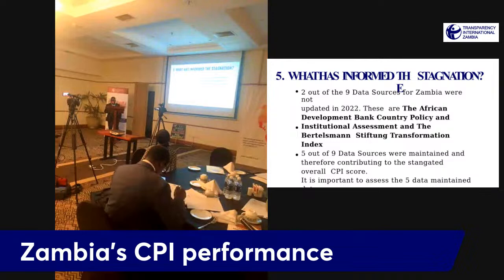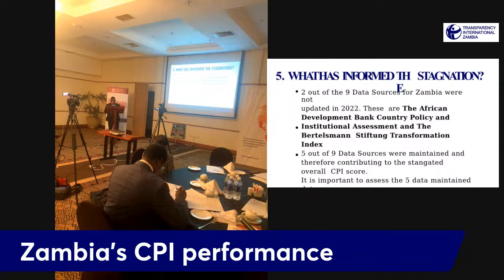Let me now move on to the second important question, which is what has informed the stagnation. So obviously, we are stagnated at 33 because we have a number of data sources, which are 5 data sources, which have remained constant. So just to mention, I think in the previous table I had indicated with a star that 2 out of the 9 data sources for Zambia were not updated in 2022.